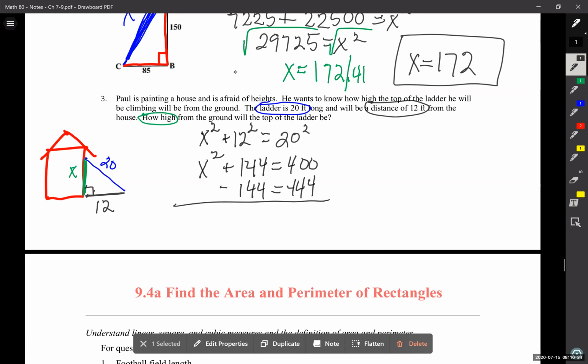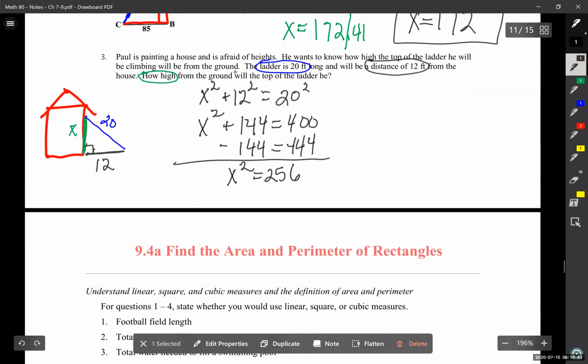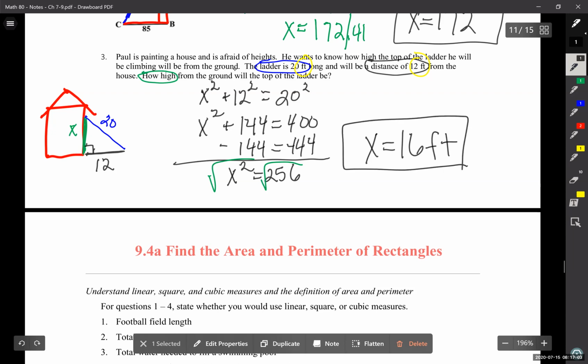Actually, I'm going to subtract it from both sides. And I get that x squared equals 256. Take the square root of both sides, put that in your calculator, and we get x equals 16. And since everything in this problem was listed as feet, I know the units for this is going to be feet. No rounding necessary because 256 is a perfect square.